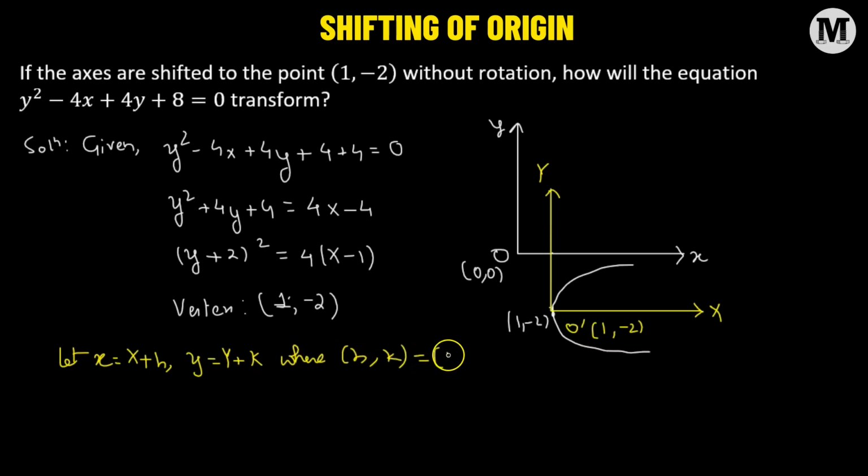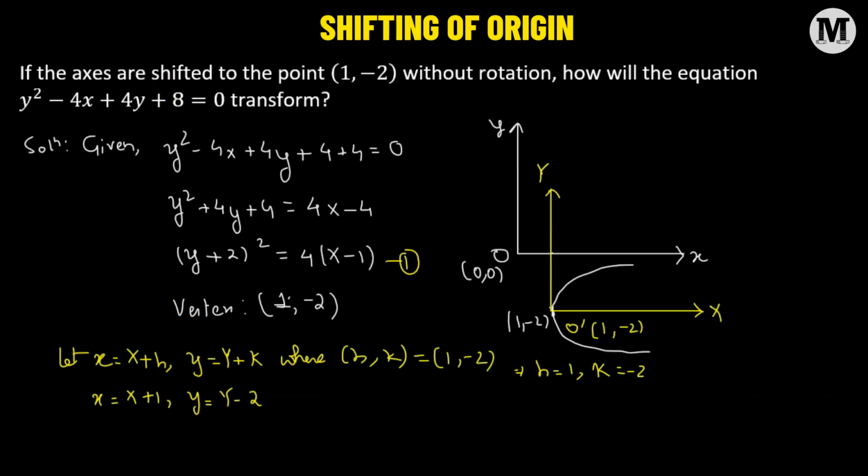So this is given as (1, -2). What does it tell us? This tells us that the value of h is positive 1 and k is negative 2. We'll put these values here. So that means we now have x equals x plus 1 and y equals y minus 2. Now let's substitute this value back into our equation number 1.